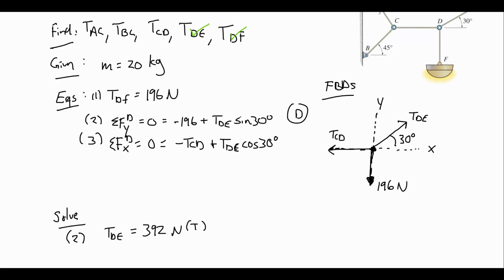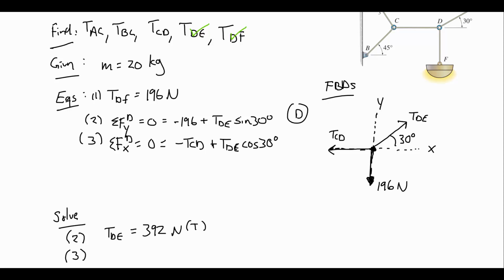Notice that from the solve step, I already know the numerical value of TDE, but in my equation step, I am not going to write the number. I'm always going to keep it algebraic until the solve step, because I always need to be consistent with how I drew my picture. In the picture, it's TDE, and this component points to the right.